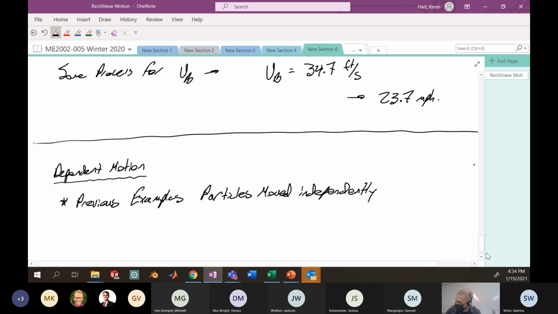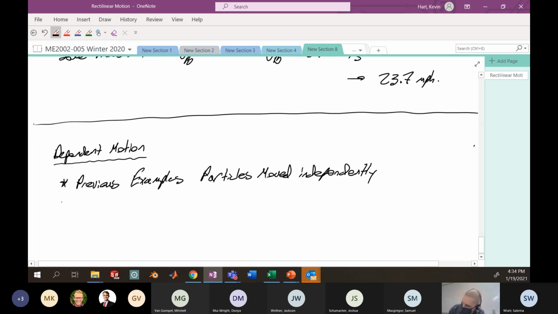All right, previous examples, particles moved independently. So what about a situation where particles are moving together and have some dependency? What about dependent motion?